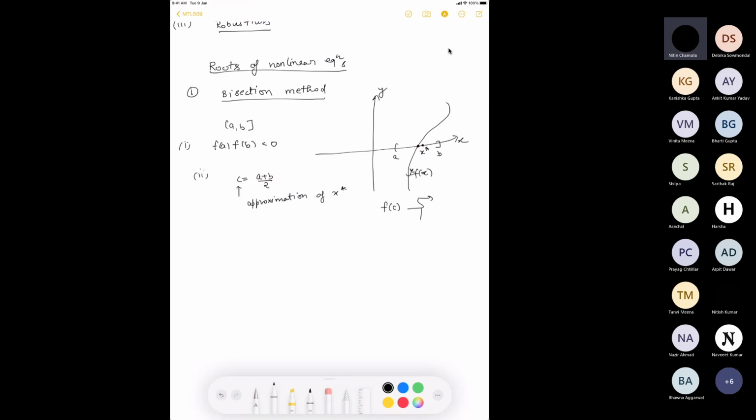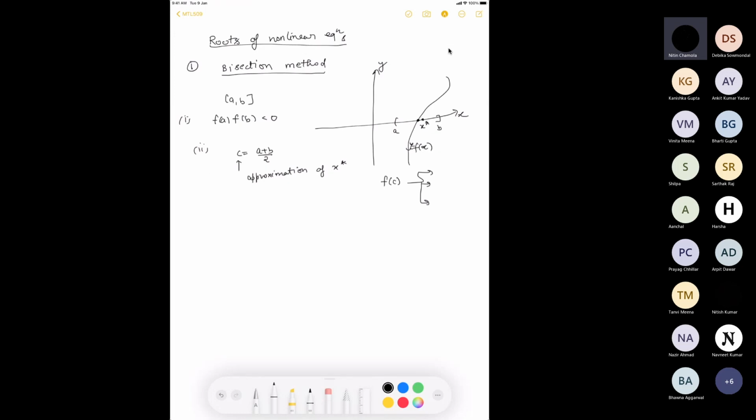Then we check what happens to f(c). Based on the behavior of f(c), we determine what to do next. If f(c) is equal to 0, then we end the algorithm. If it is not equal to 0, then it will have a sign. If it is greater than 0, then we replace the interval with [a, c], right?